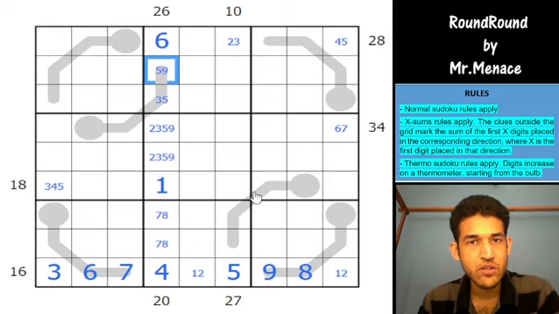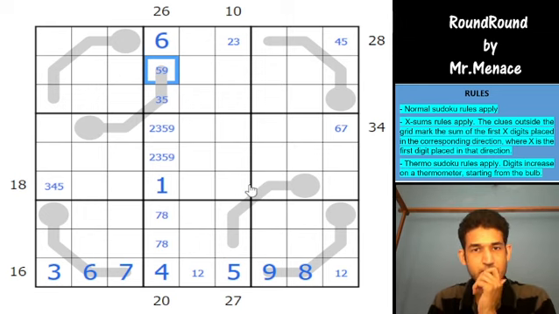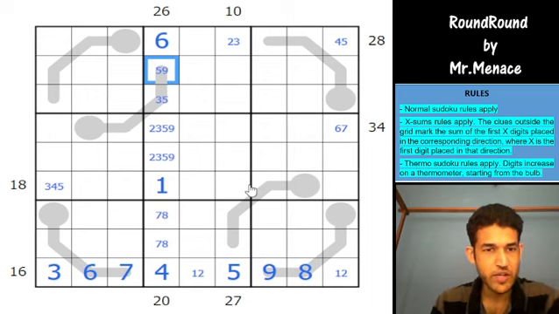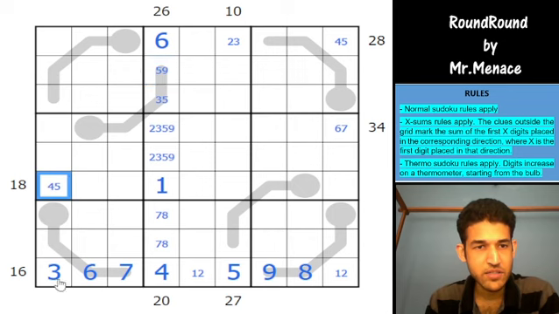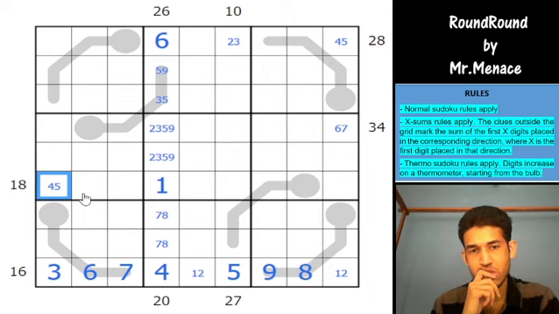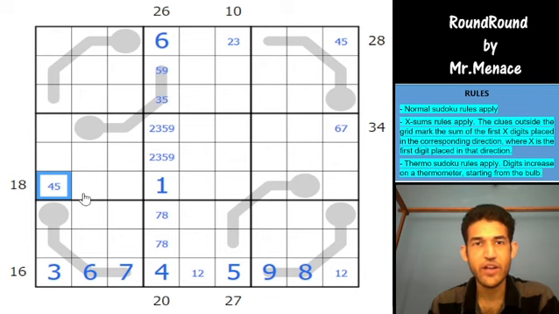Okay, so let us just think a little bit here. Okay, this is not 3, right? Using classic, 3 is removed. Okay, that's nice.